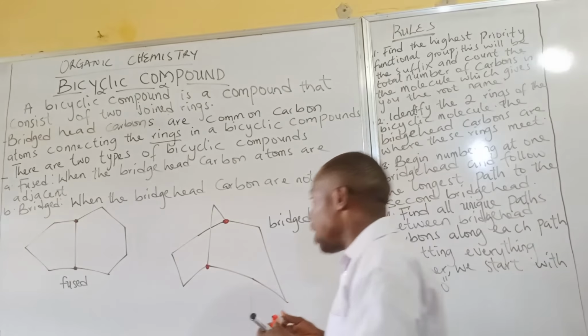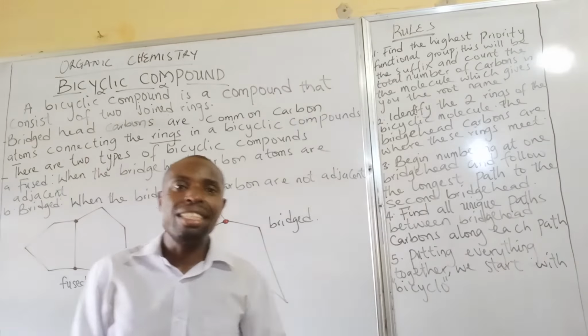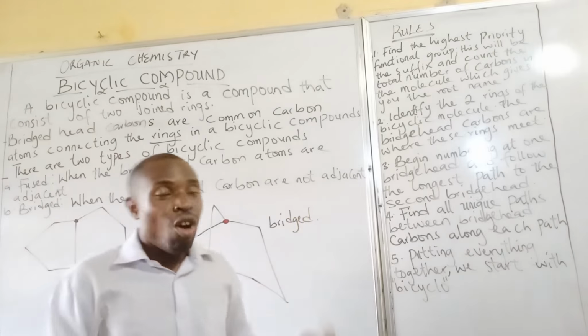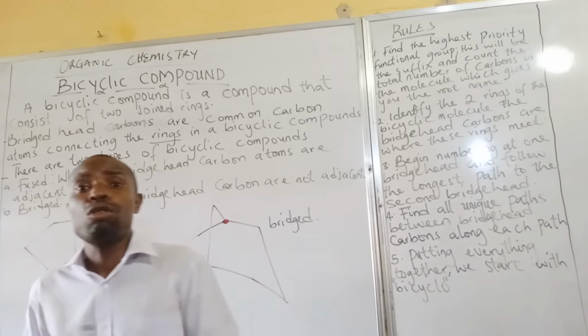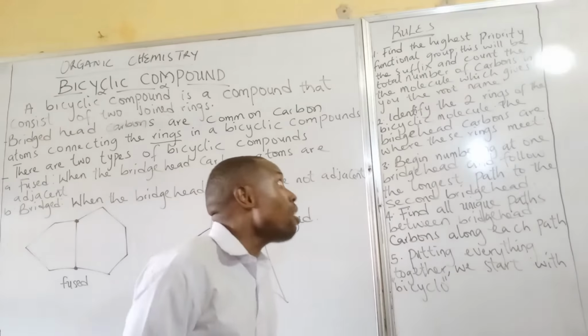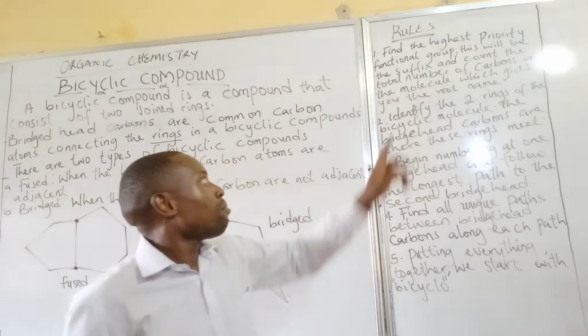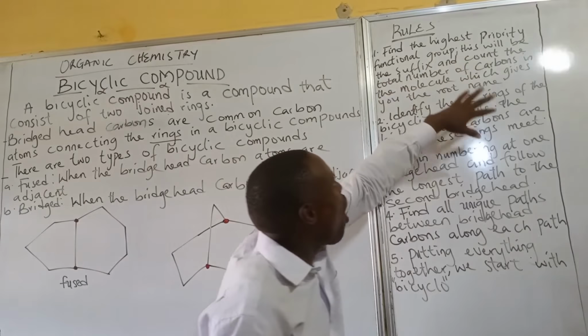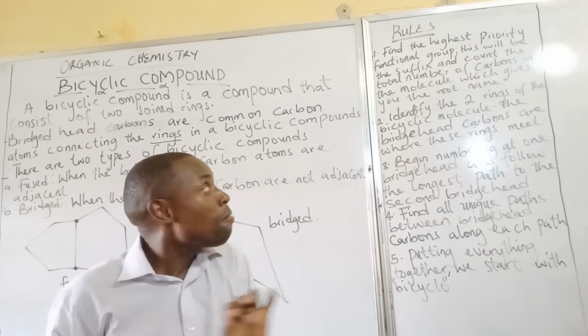You get me now? Now, we have rules that guide the naming of bicyclic compounds, both for bicyclo and also for spiro compounds. In naming a bicyclic compound, rule one: find the highest priority functional group, which you must identify.